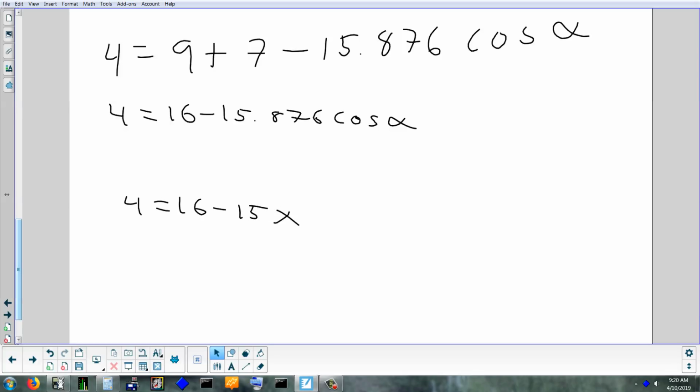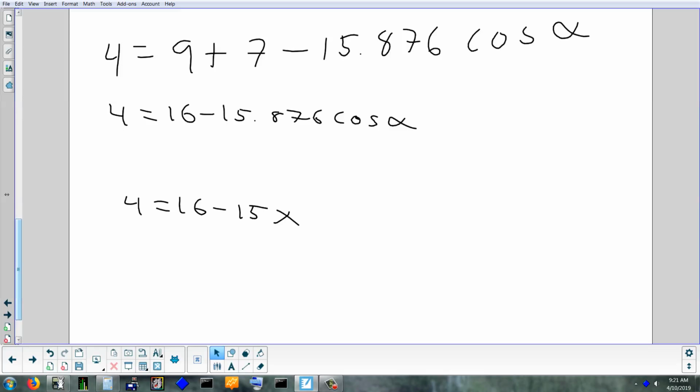A number equals a number minus a number times a variable. Can you do 16 minus 15? No. 16 and 15x are not like terms. If that x wasn't there, then you could. But it's there, so you can't.